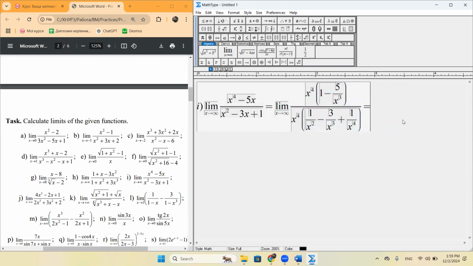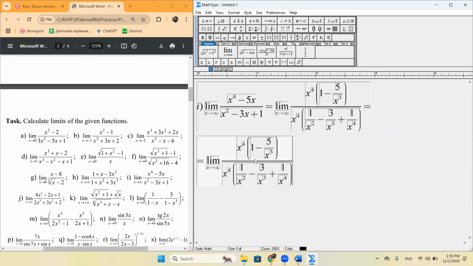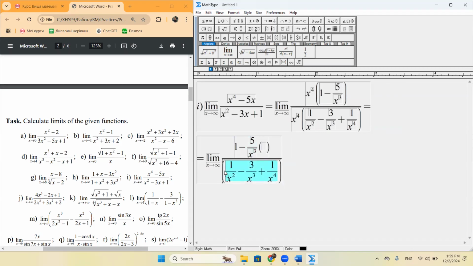And now we will reduce, so we'll remove x in power of 4. And now no indeterminate form. So 1 minus 0 divided by 0 minus 0 plus 0. So the answer is infinity.